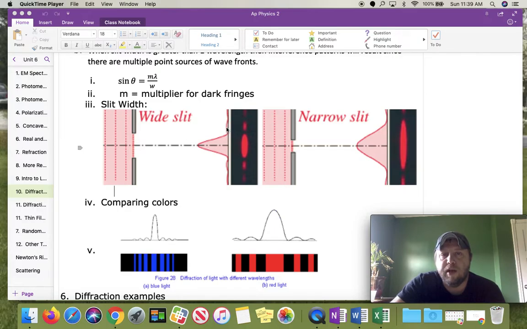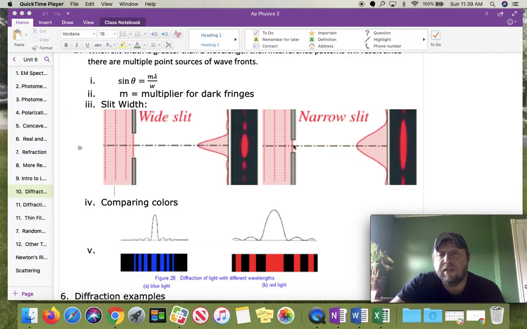So when we're drawing and sketching these out, we should see the difference between a single slit and a double slit: this central maximum is the primary constructive interference point. We do have some secondary ones out to the side. As we bring the slit in closer together, it should make sense that the maximum widens out and the secondary fringes almost disappear.